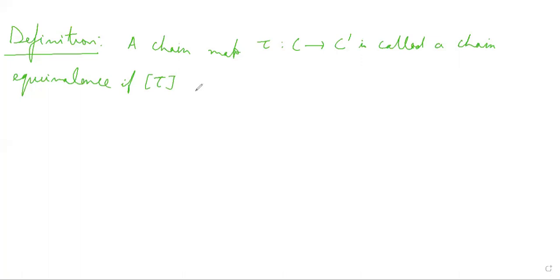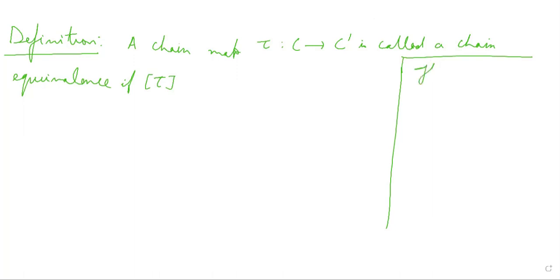Because of the previous lemma that we proved, that composites of chain homotopic chain maps are chain homotopic, if we use that, then there is a category whose objects.